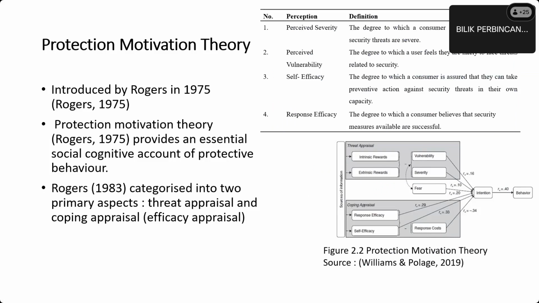The third is self-efficacy, the degree to which a consumer is assured that they can take preventive action against security threats in their own capacity. The fourth is response efficacy, the degree to which a consumer believes that the available security measures are successful.